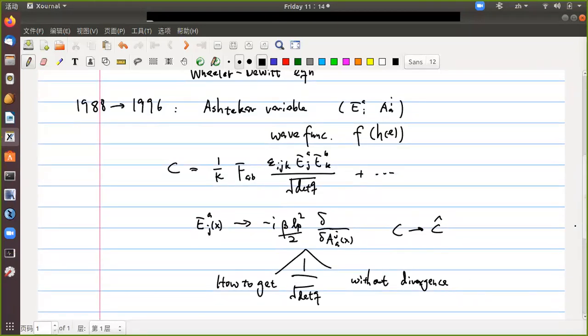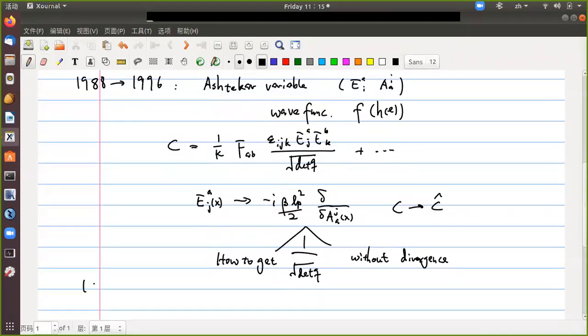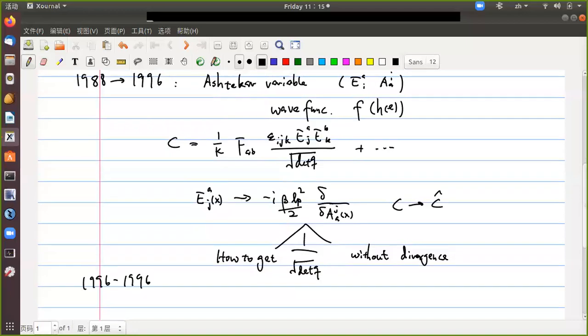It was a problem at that time, and then in 1996, 1997, Thomas Thiemann came along with Thiemann's Hamiltonian constraint.